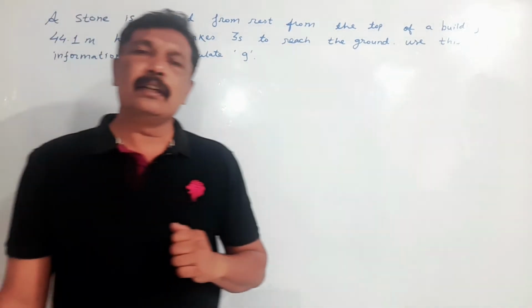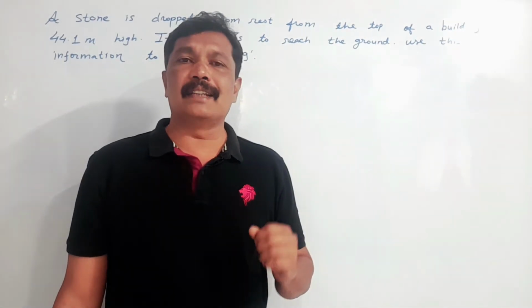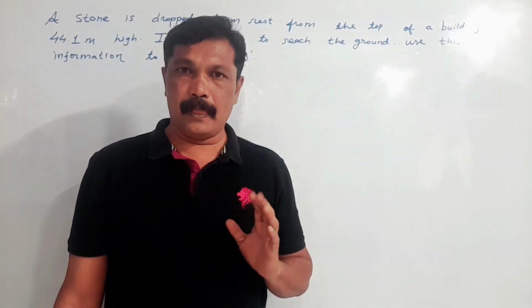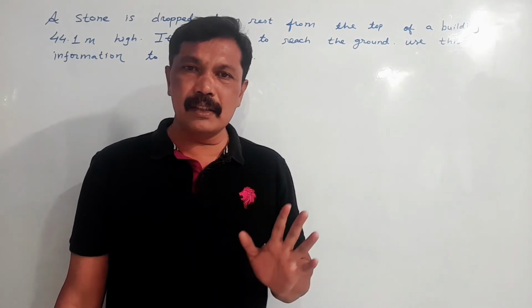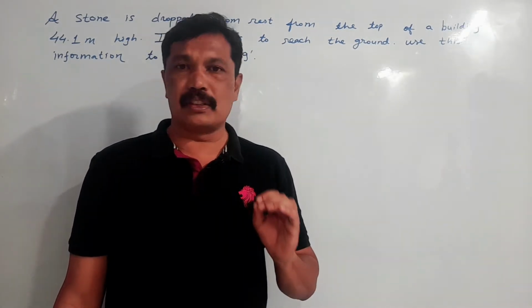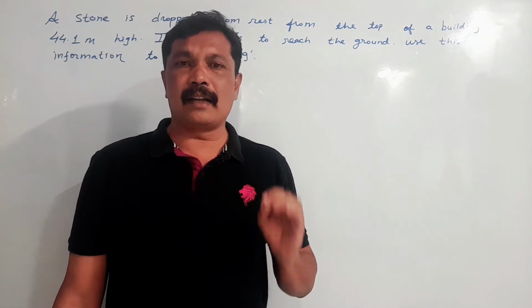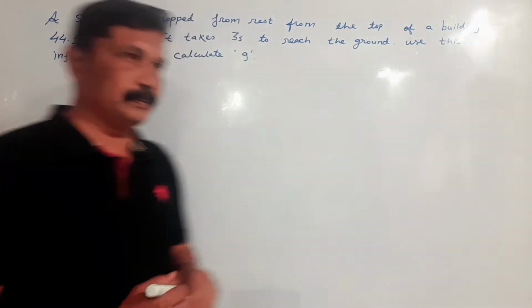And small g, my dear student, you know is acceleration due to gravity. The problem is very easy. First we will write what is given to us and then try to find out the answer.